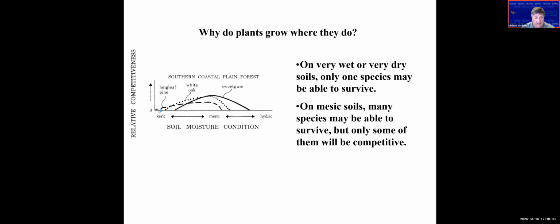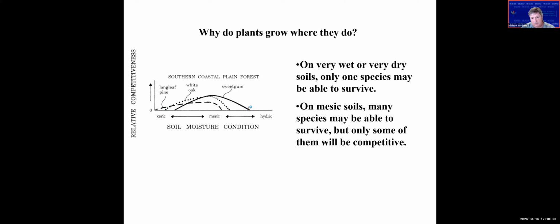On the far left, in xeric conditions, longleaf is the only one that extends into the drier sites. That's why we tend to think of longleaf as associated with drier conditions, because nothing else, of these three at least, really grows out in those sites. If you were to grow all three together, longleaf's going to have the competitive advantage and be the dominant species there.